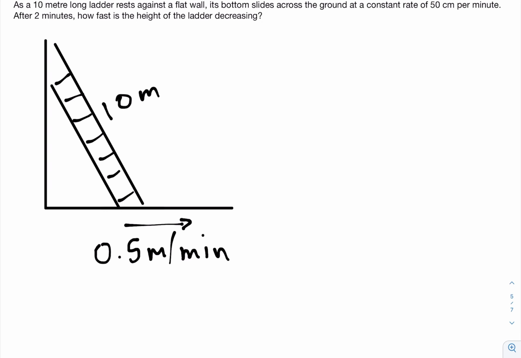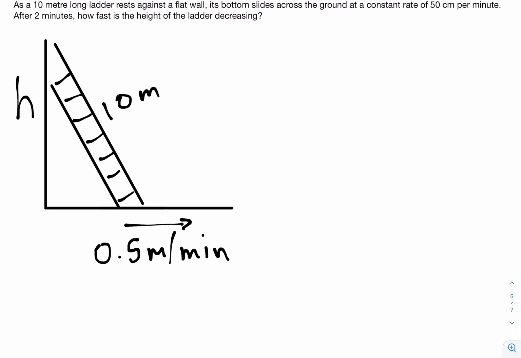Okay, so what we can do for this one, let's just see. So the height of a ladder. Well, we know using Pythagoras' theorem, let's call the height h.